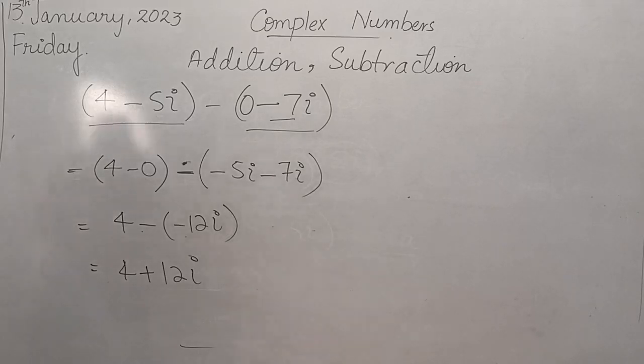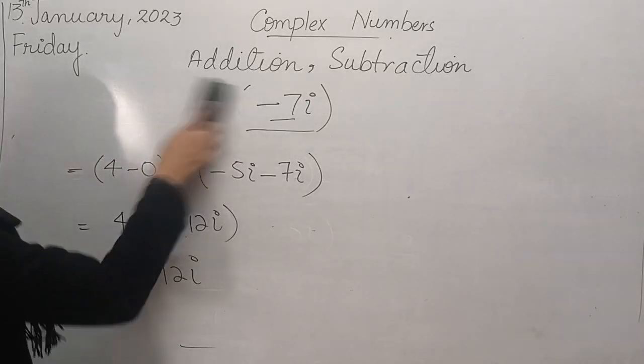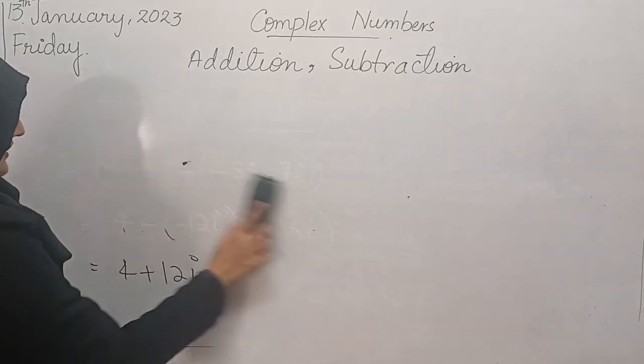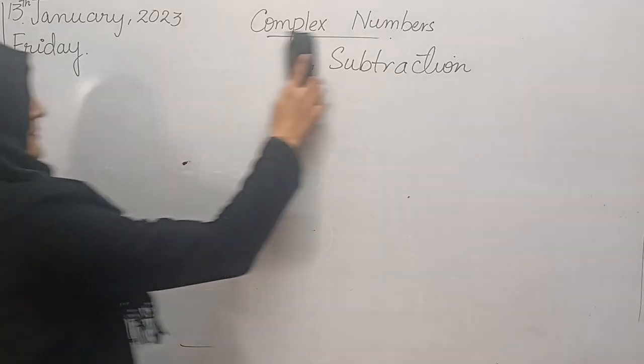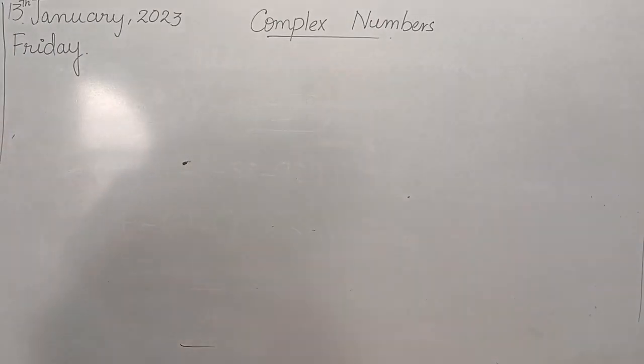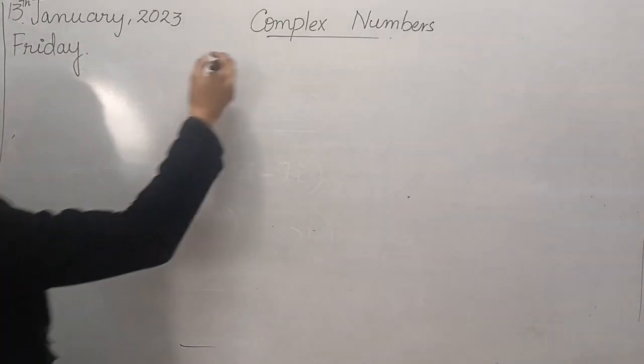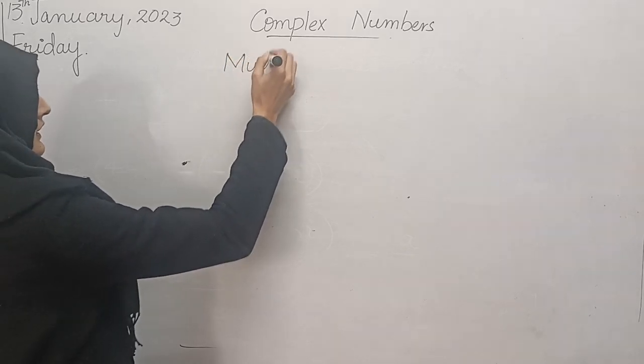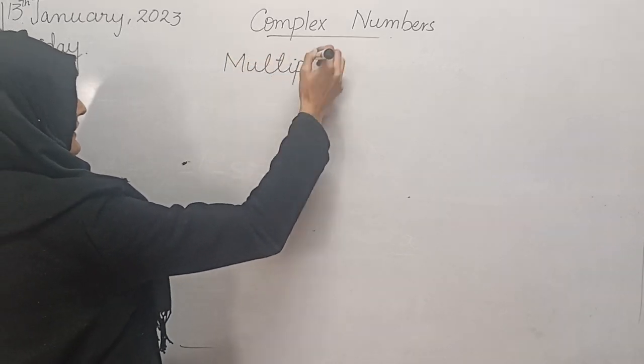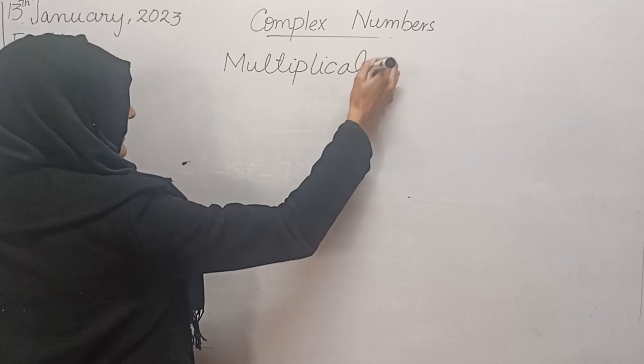Now we will see how to multiply two complex numbers. In addition and subtraction, we perform addition with addition and subtraction with subtraction, but in multiplication the method is a little bit different. Multiplication.